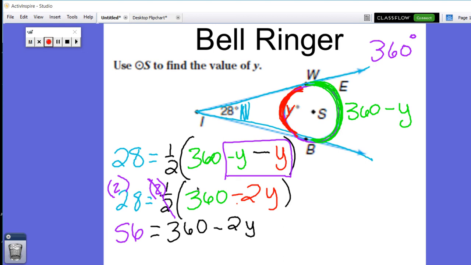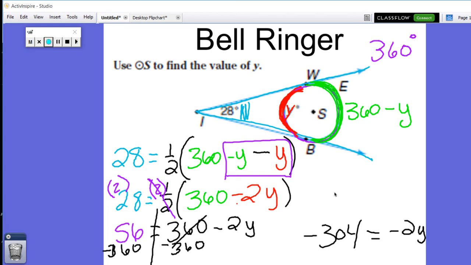Now we can continue to solve regular. So I'm going to get rid of the 360, so minus 360. Whatever I do to one side, I do to the other. So minus 360. Cancel that out. And then we have 56 minus 360, which gives you a total of negative 304 equals negative 2y.